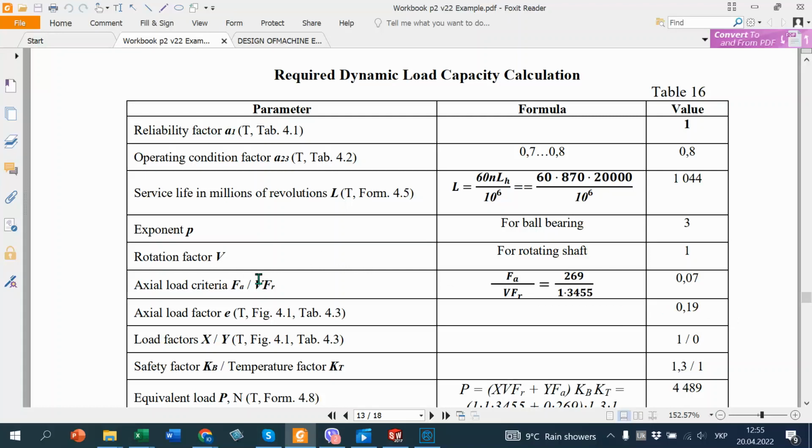That's why if the load criterion 0.07 is less than the axial load factor 0.19, in such case the radial load factor X and axial Y are 1 and 0.